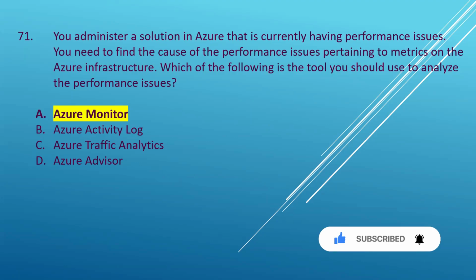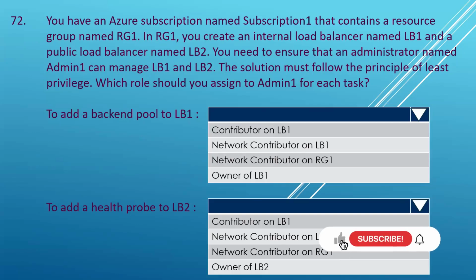Azure Activity Log provides information around operations performed on resources in your subscription. Azure Traffic Analytics is more focused on analyzing network traffic patterns. And Azure Advisor, as the name suggests, provides best practice recommendations for improving the performance, security, and reliability of your Azure resources.